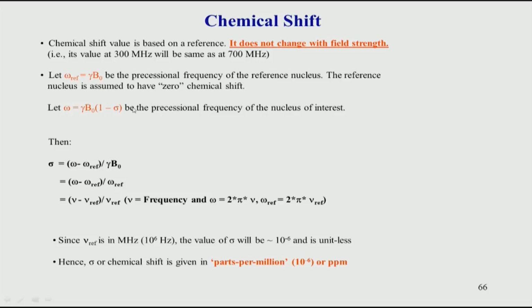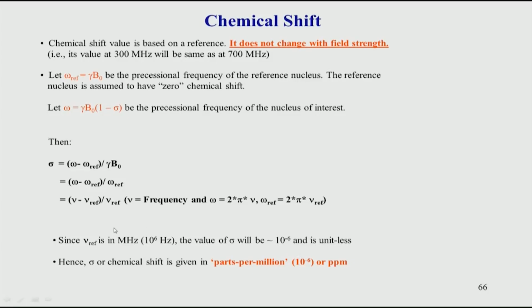That is why we talk about 600 megahertz, 300 megahertz and so on. Similarly the nu ref, which is nothing but omega by 2 pi, is also in megahertz. When you put this value here in megahertz, you will see that the sigma value will be of the order of 10 to the power minus 6, and it is unitless.